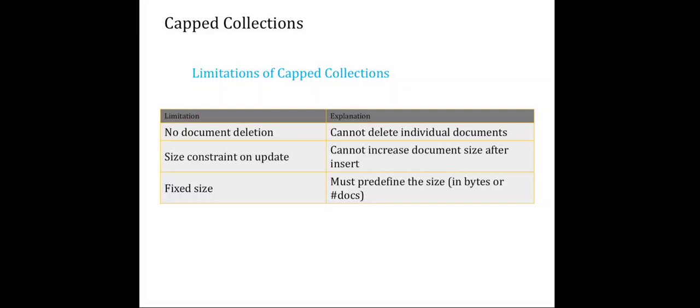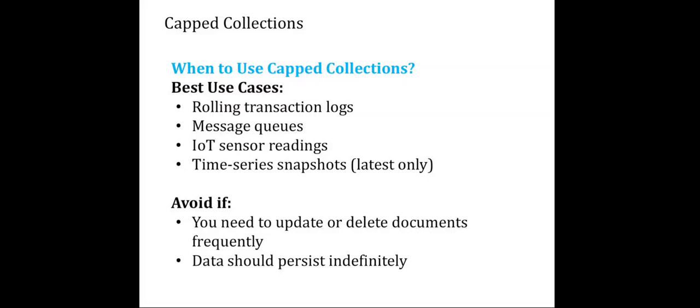We cannot extend the size beyond that. So capped collections are not suitable for applications requiring frequent updates. Also, they are not suitable for long-term data storage because older documents are removed continuously.